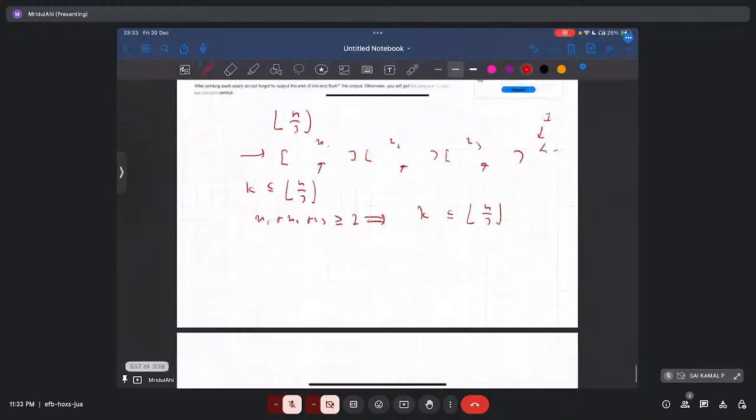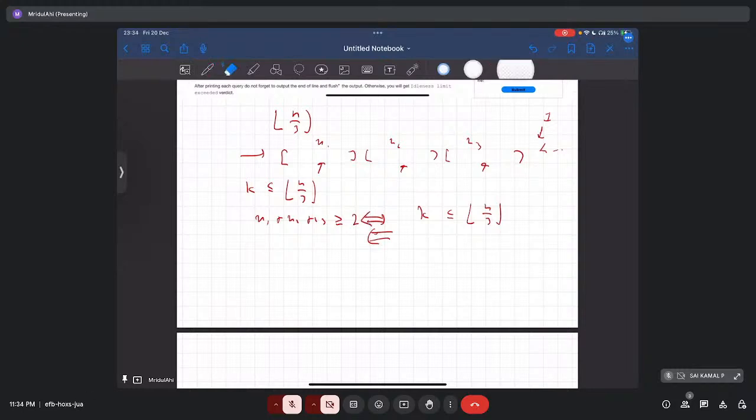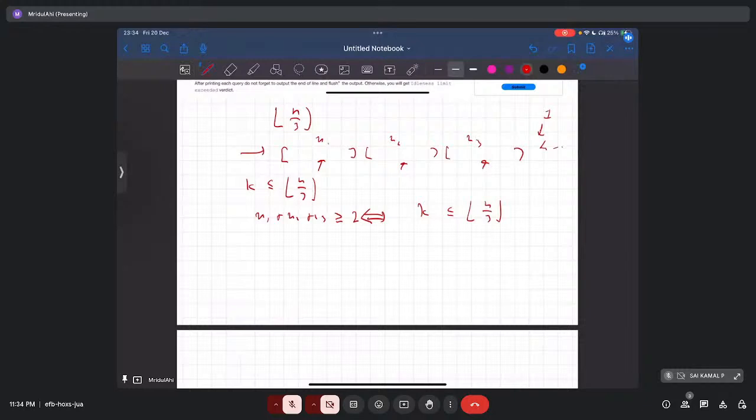And if the interactor was lying, then this also holds, that x1 plus x2 plus x3 should be greater than or equal to 2. So this is a bijection. If x1 plus x2 plus x3 is less than or equal to 1, it implies that k is greater than floor of n by 3.